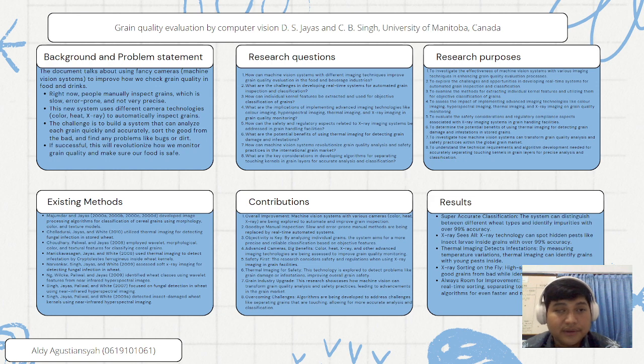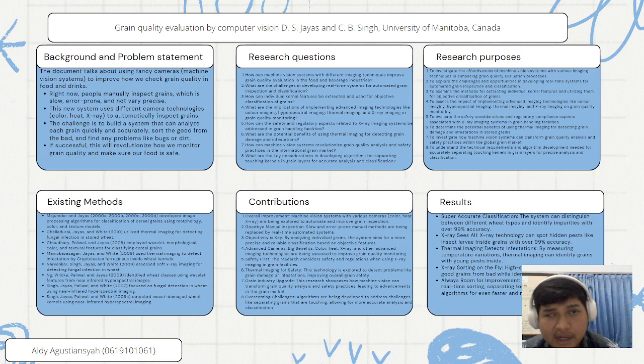If successful, this will revolutionize how we monitor grain quality and make sure our food is safe. Research question. Again with this paper, there are three main research questions.